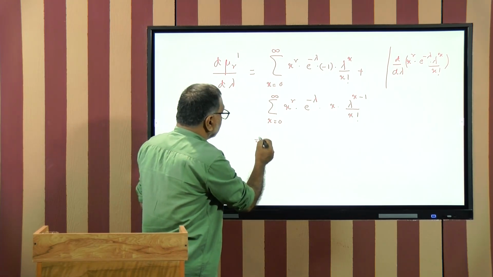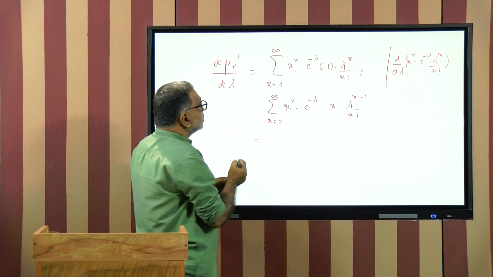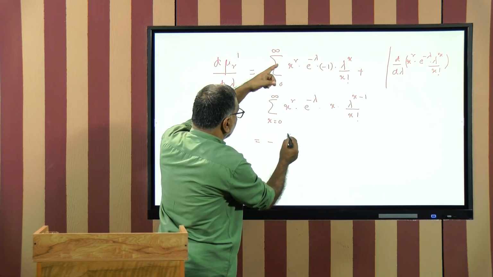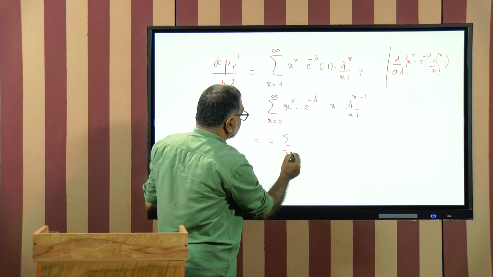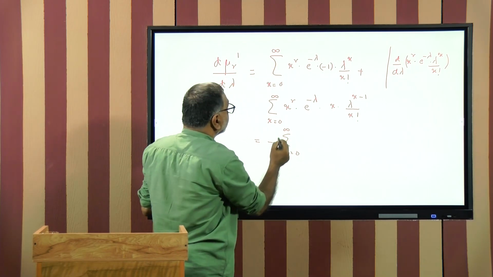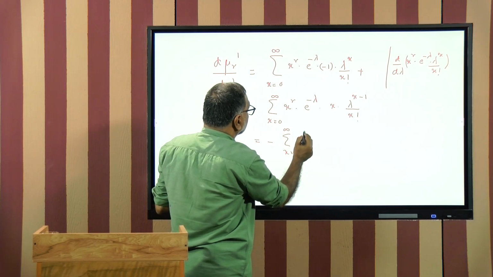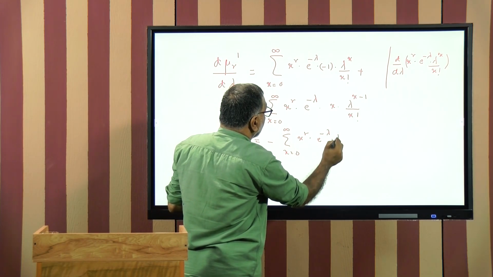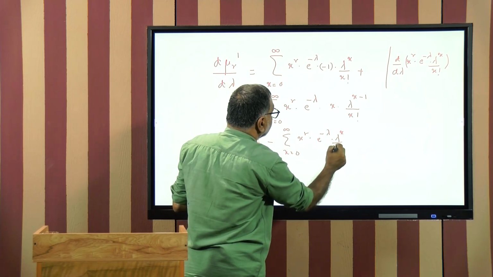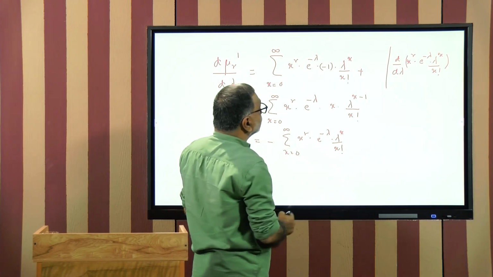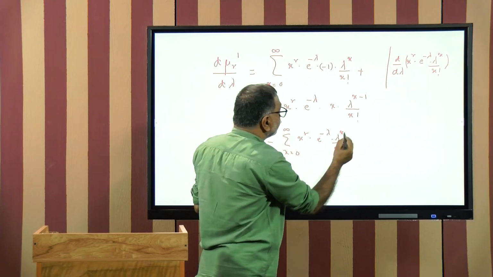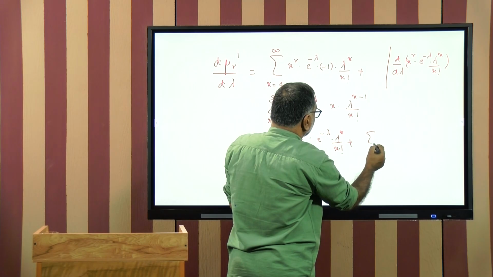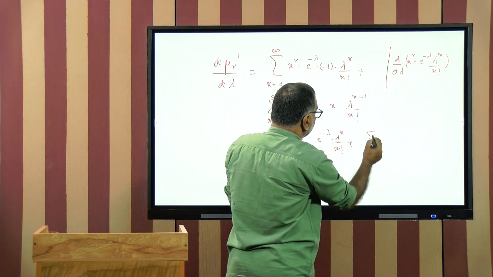Now, just look at the first expression. This is equal to minus, taken outside, sigma over x = 0 to infinity, x^r e^(-λ) λ^x divided by x factorial, plus the second expression, sigma over x = 0 to infinity.